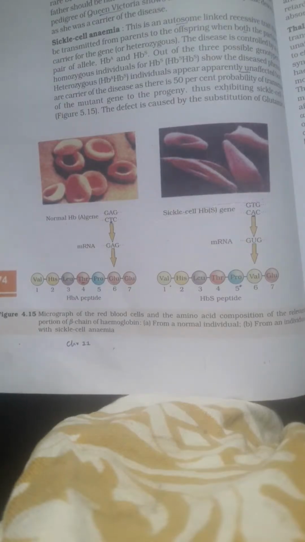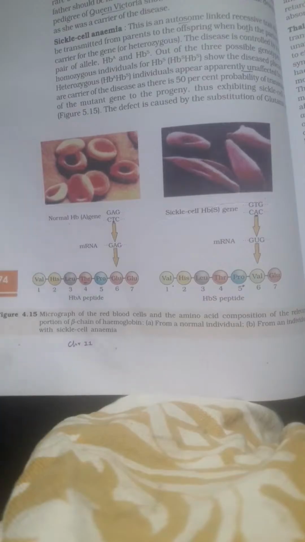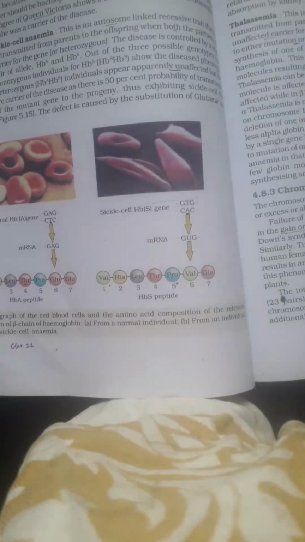Now, in the second diagram, you see it becomes the sickle cell HBS gene. The gene, which is part of DNA, has 2 strands. The first strand is GTG and the second strand is CAC. So take CAC.